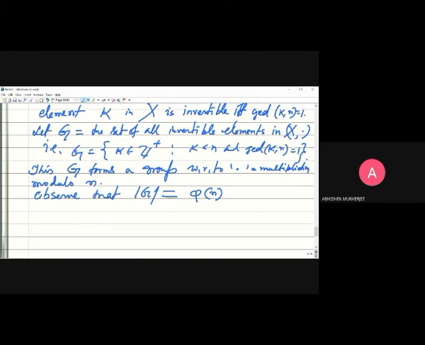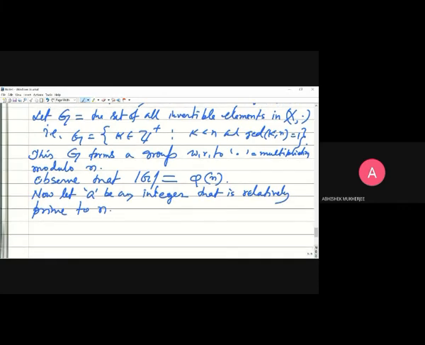Now let small a be any integer that is relatively prime to n.